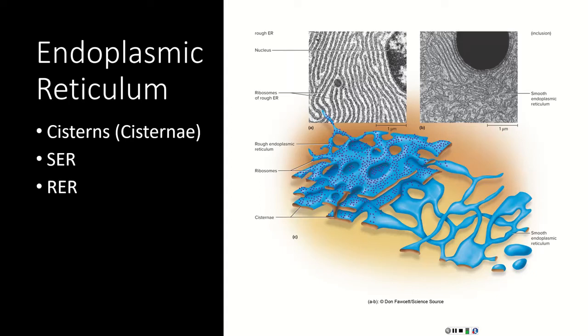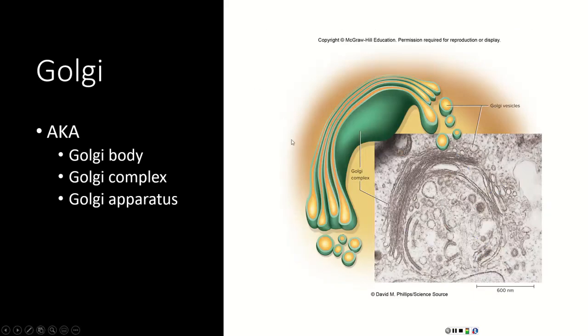So what happens is that protein we said was going to be fed into these cisternae. When that's finished, a piece of the rough ER breaks off and forms a vesicle that has that protein inside of it. And the vesicle then moves and joins with the Golgi. And now that protein is inside the Golgi.